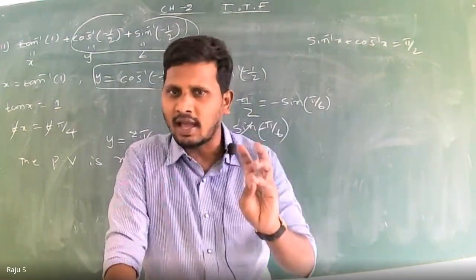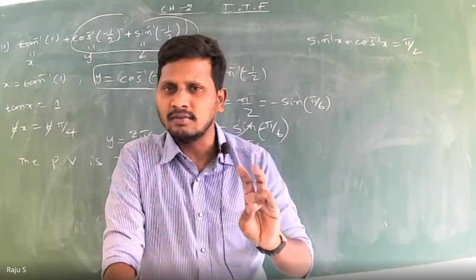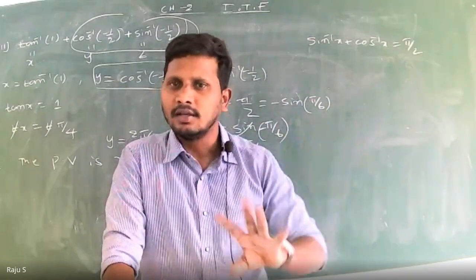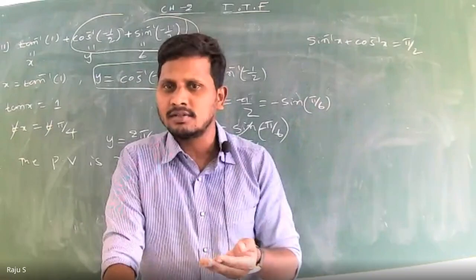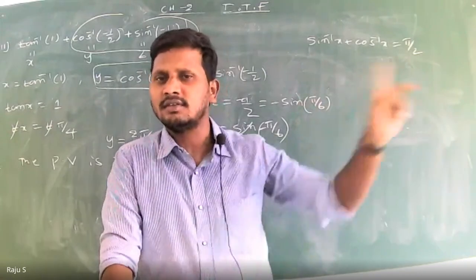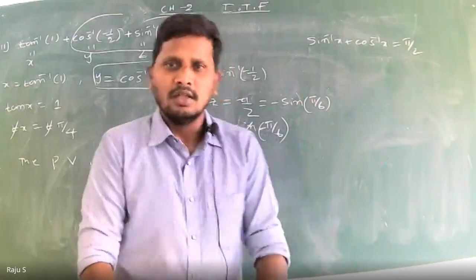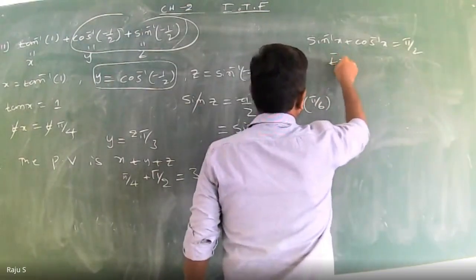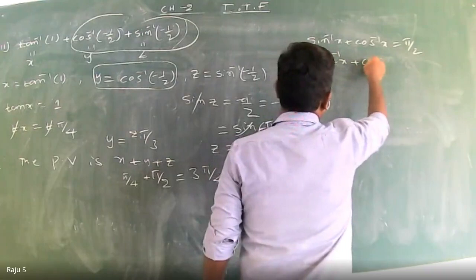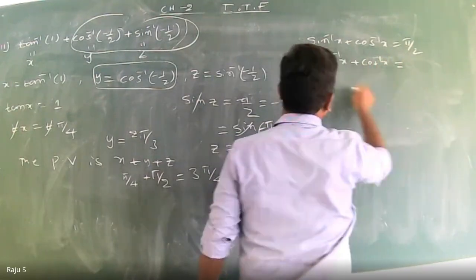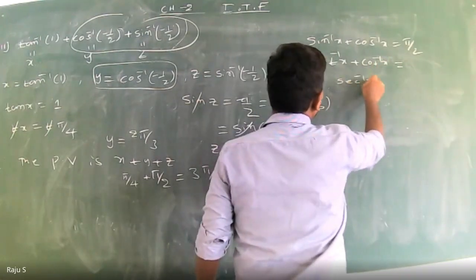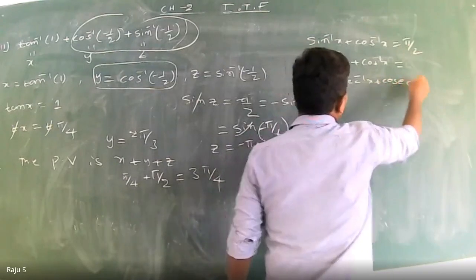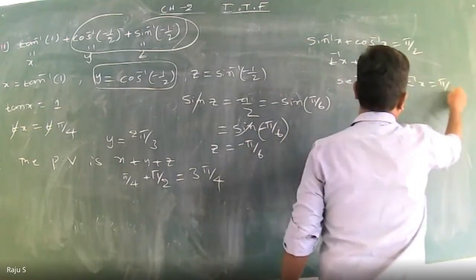In the same way, tan inverse plus cot inverse is equal to pi by 2. In the same way, sec inverse plus cosec inverse is equal to pi by 2, 90. Three formulas are there.